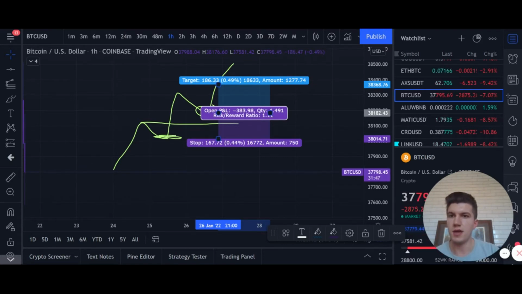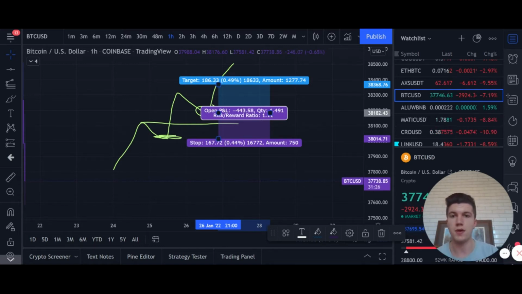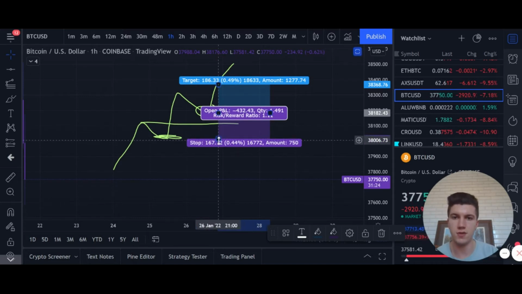And so I can have a position of $227,000 basically, and I'm still only losing 1% of my trading capital. That just shows you how powerful leverage could be if you want to have a position size that large. But I'll use a different example.